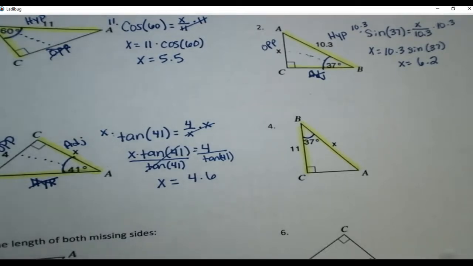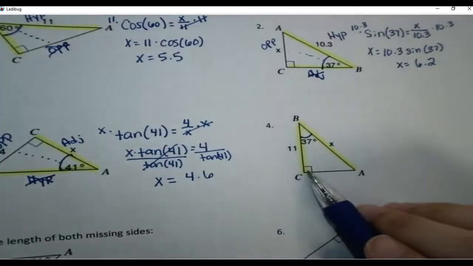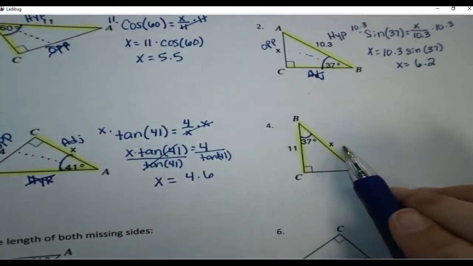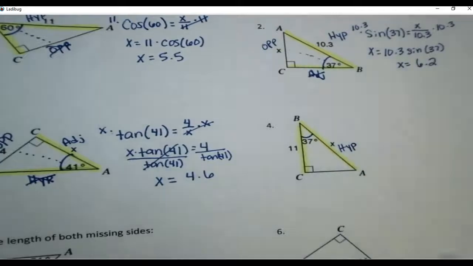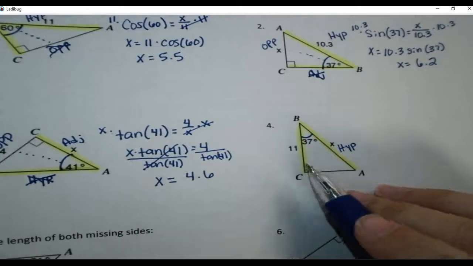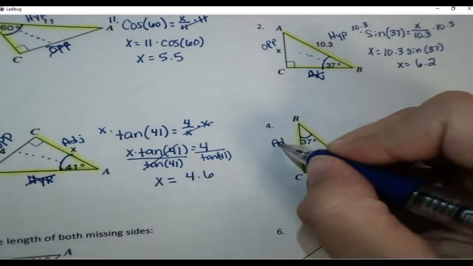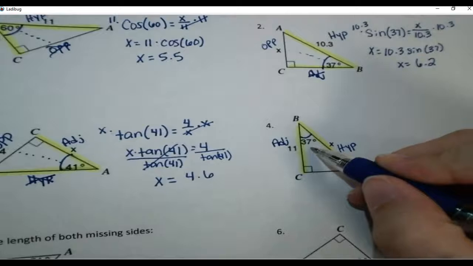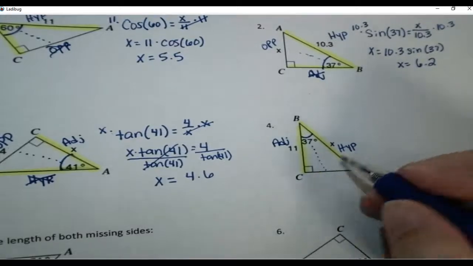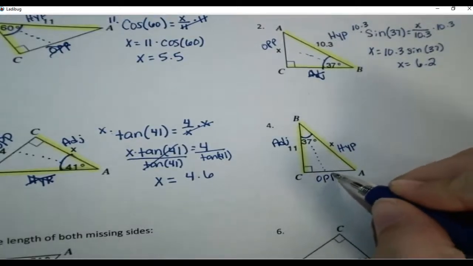Okay, then we label. Our right angle right here is at C. Across from it is our hypotenuse. The other highlighted side is always adjacent. And then across from the angle, never highlighted, is the opposite.